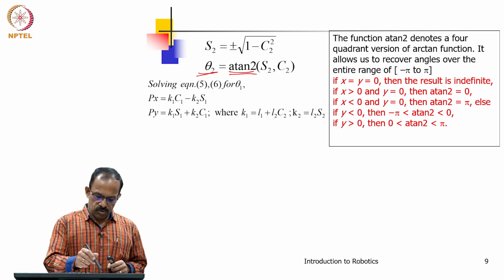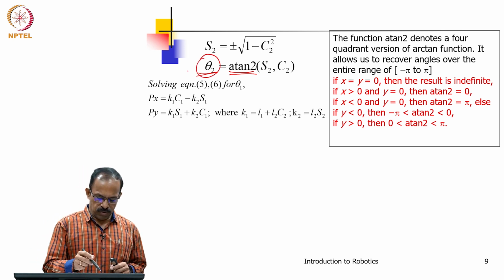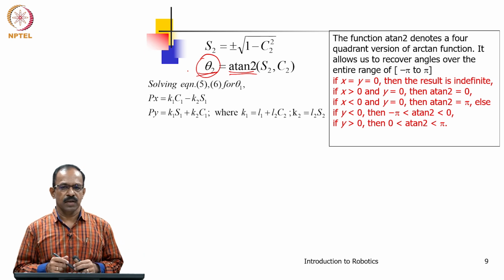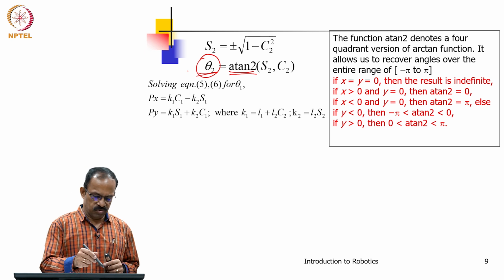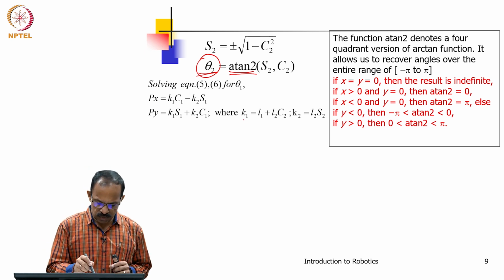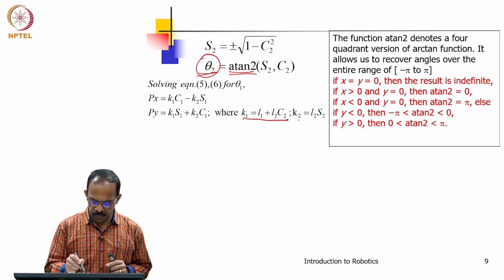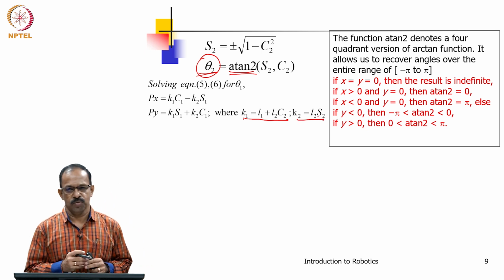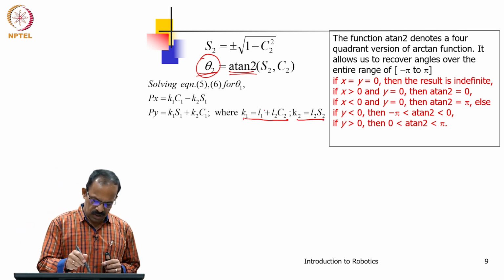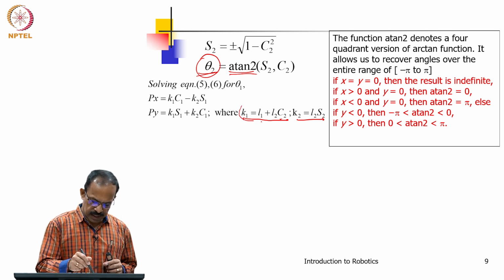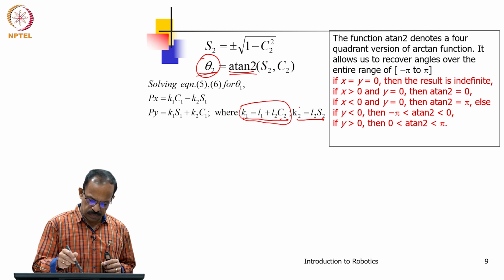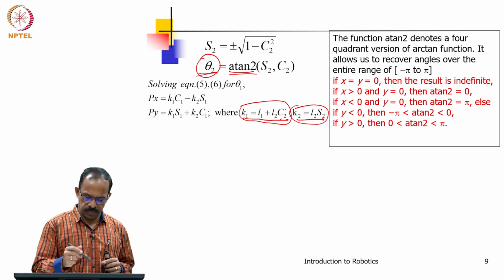And then, once you get theta 2, we will go for solving for theta 1. Solving for theta 1 is not that easy, so we need to do some substitution. We assume that K1 is L1 plus L2 C2 and K2 is L2 S2, since we know C2 and S2.